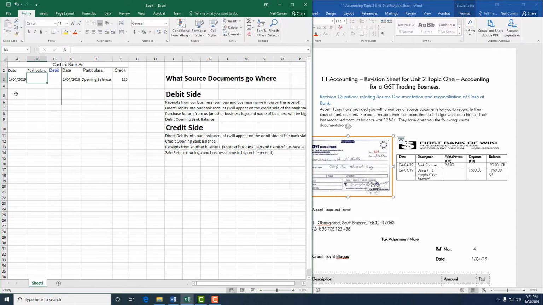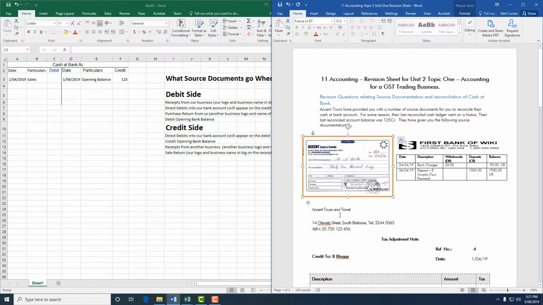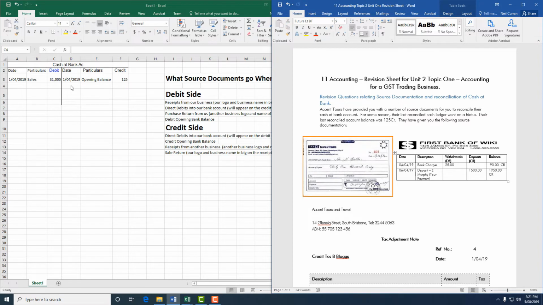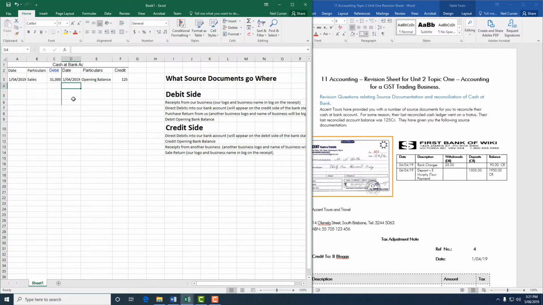And because it is sales, because we actually made a sale, it is for $31,000. The next one we need to do is this bank charge over here, and the other one will be on the debit side.